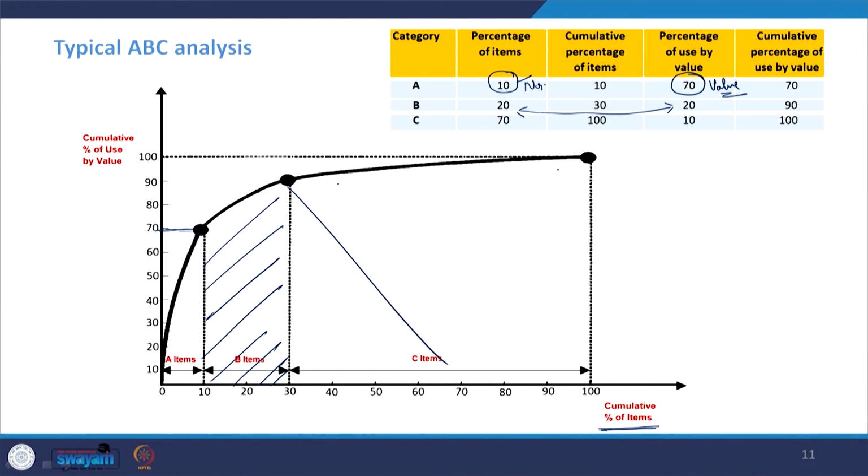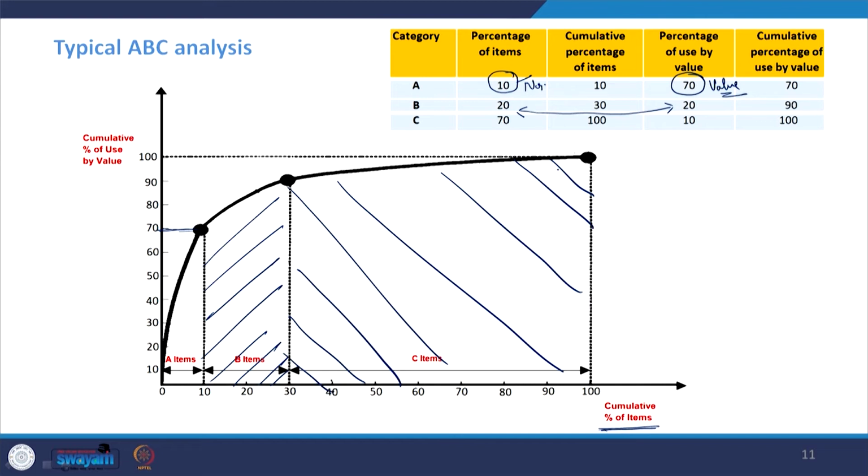And the C items, these are the C items which are very large in number, around 70% items are C items. These are the 70% items, but their value-wise contribution is very less, around 10% value they are taking.